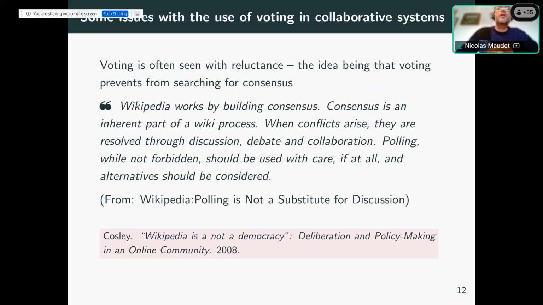When conflict arises, you should use discussion, debate, collaboration. Polling is not formally forbidden, but you should be really careful. This is taken from the policy of Wikipedia.